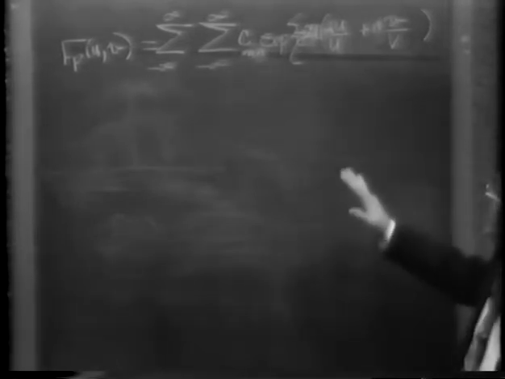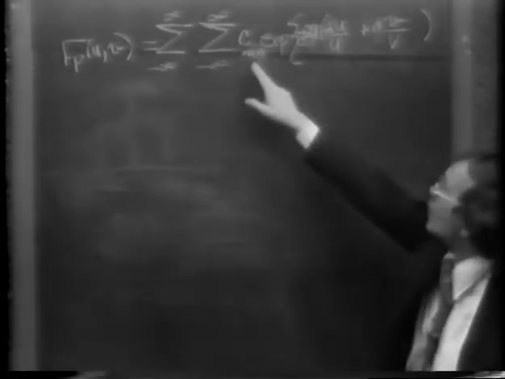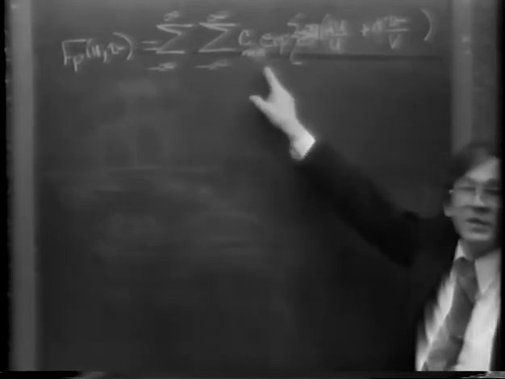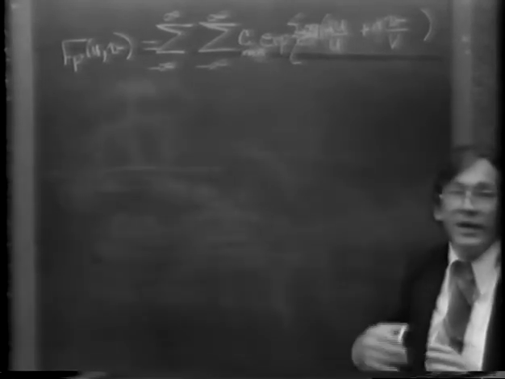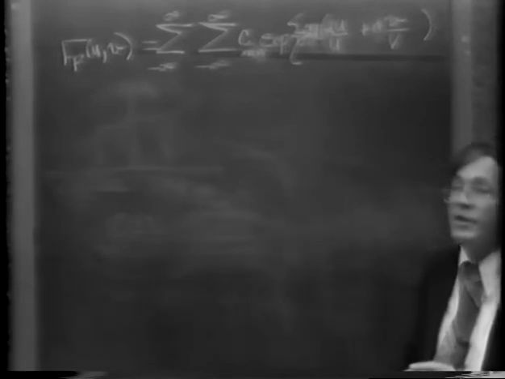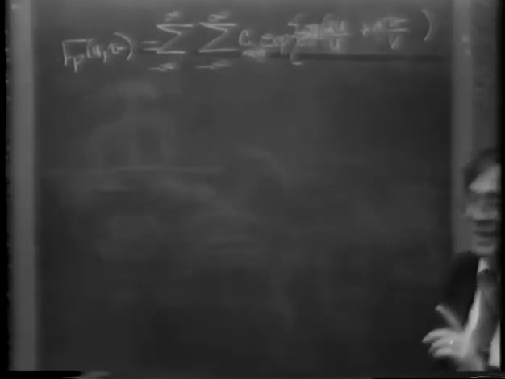We have some coefficients C sub mn that we would also have to determine, and we can use the Fourier series theory to show us how to determine C sub mn.